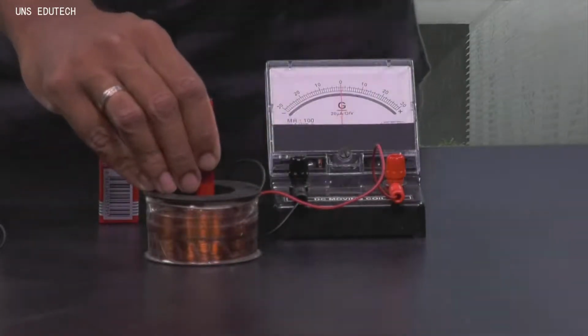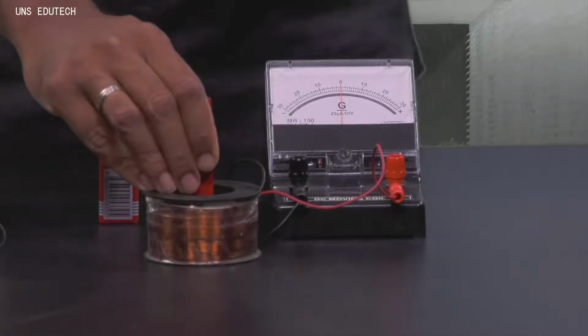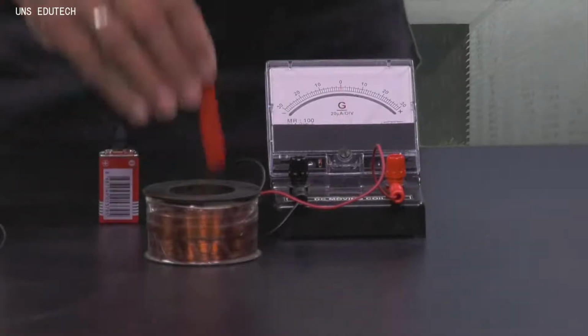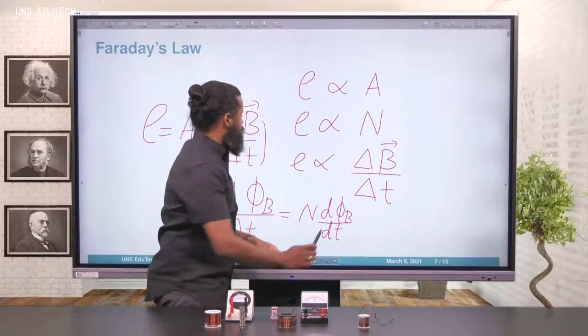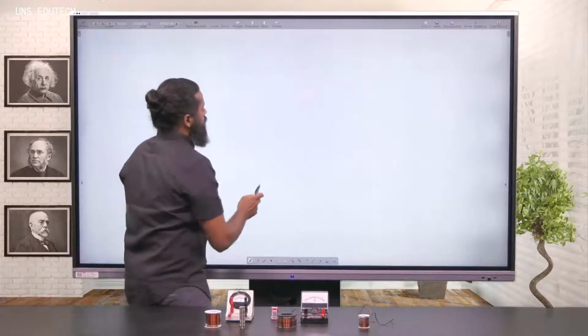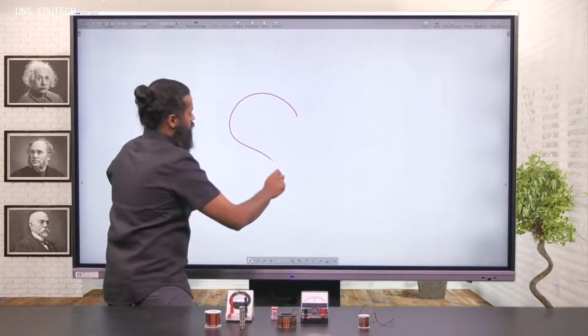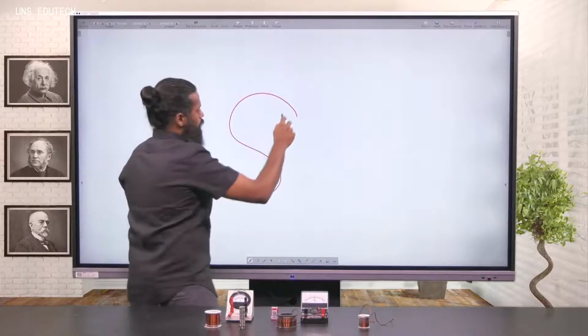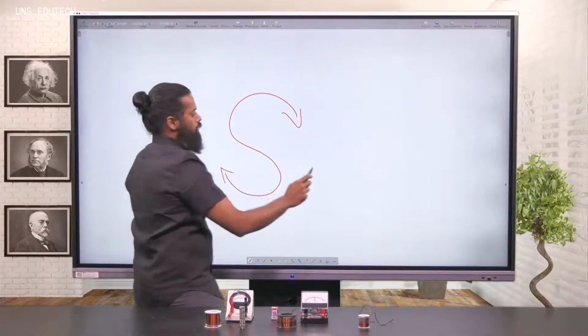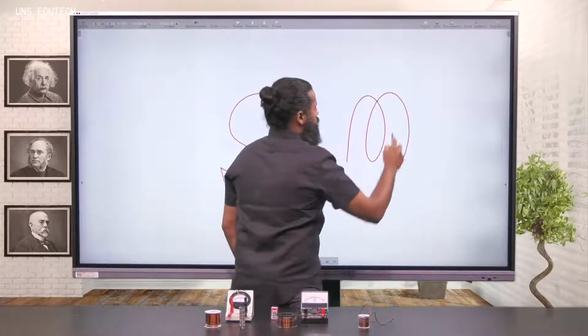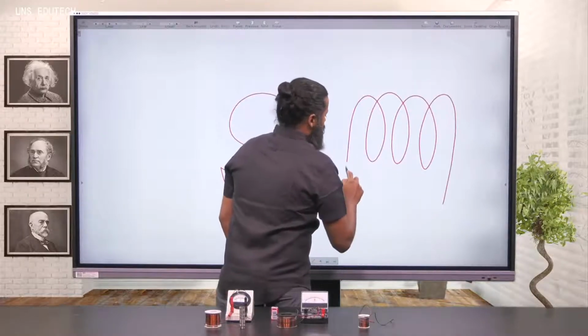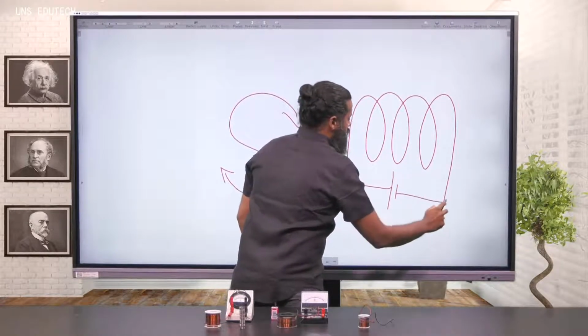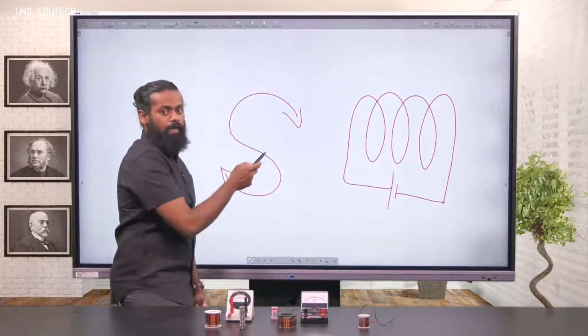You already know that in class 10 you studied the solenoid, and the polarity depends upon the direction of the current. I hope all of you remember this. If you look from the side at a coil like this and supply current, it becomes an electromagnet.